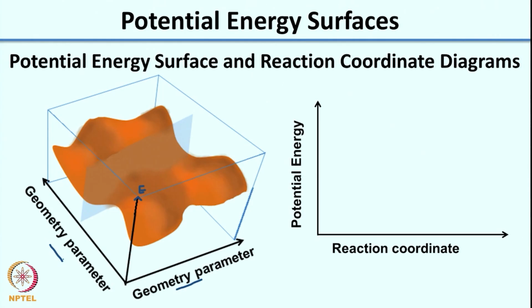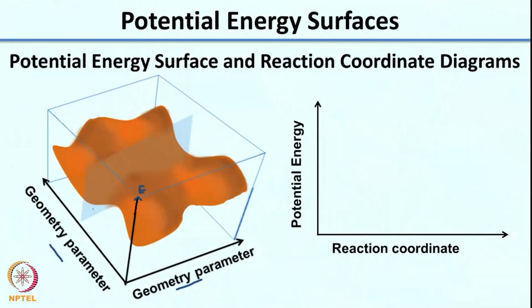So, if you look at this complex surface, what you would see is that it has multiple hills and multiple valleys, alright. So, imagine if your reactant is somewhere here and your product is somewhere here. If you were to go from your reactant to your product, there are so many pathways you can take.